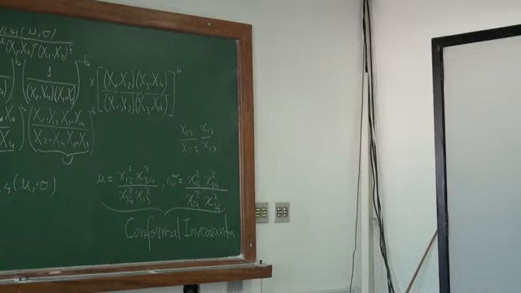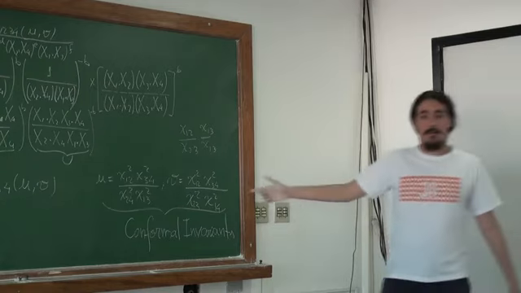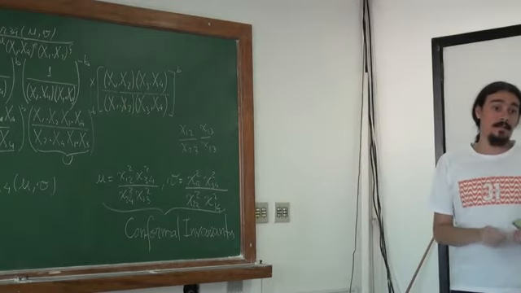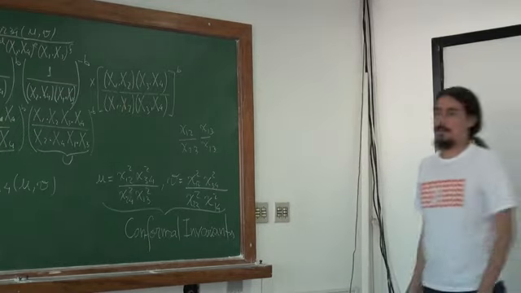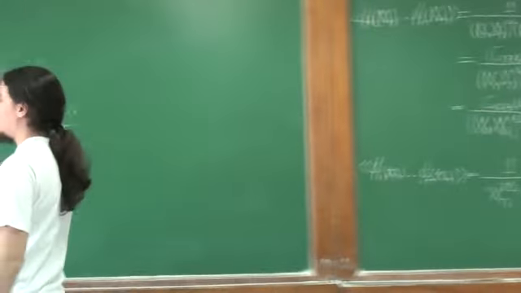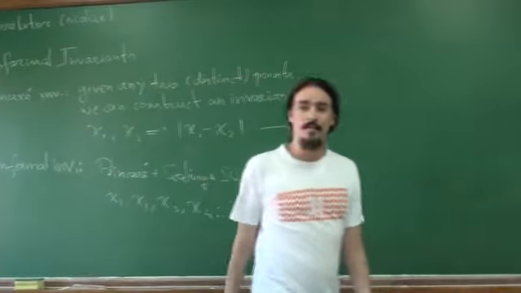Or not? Yeah, it could be. But the point is that it is a conformal invariant built from these 2, so it is not independent. Of course, when I say construct, implicitly I mean independent conformal invariants.